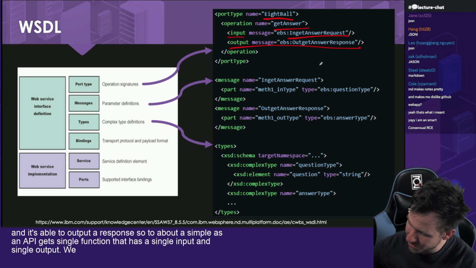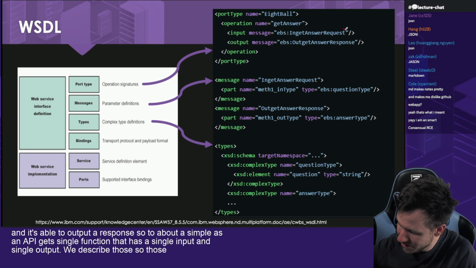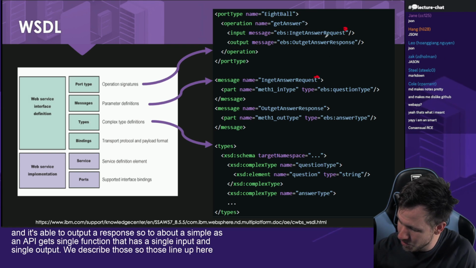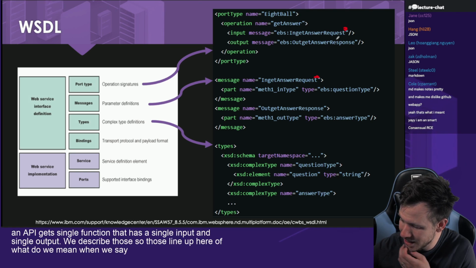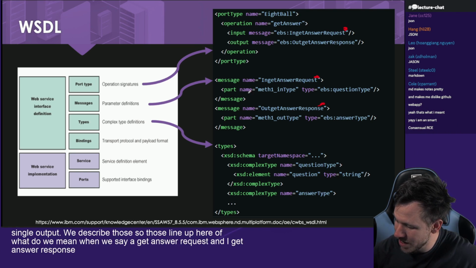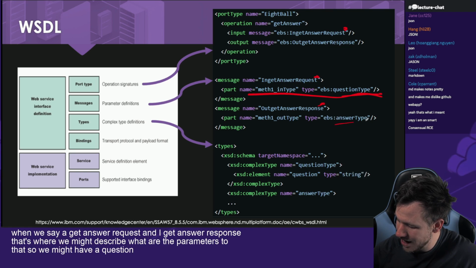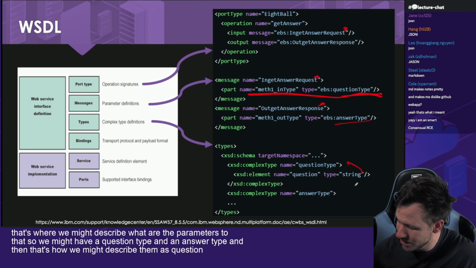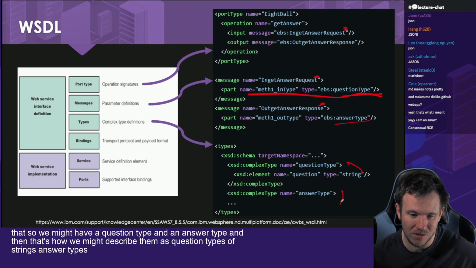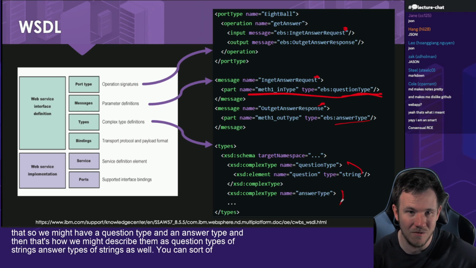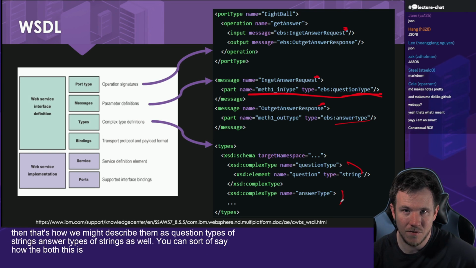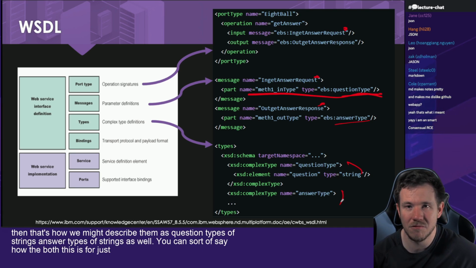We describe those, so those line up here: what do we mean when we say a get answer request and a get answer response? That's where we might describe the parameters to that. So we might have a question type and an answer type, and question types are strings, answer types are strings as well. You can sort of see how verbose this is for just a really simple API.